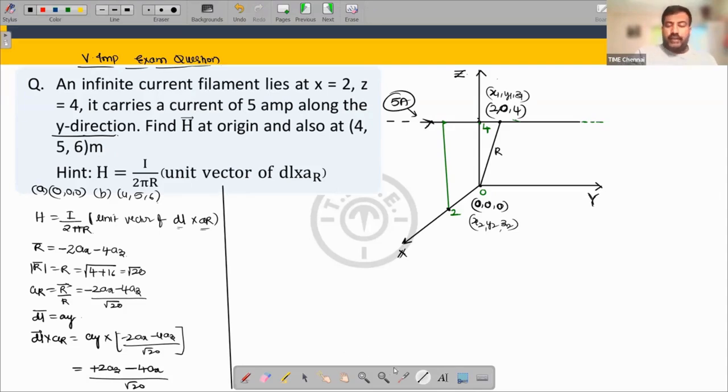Whatever you got here is a unit vector, because if you do the magnitude it will be 1.